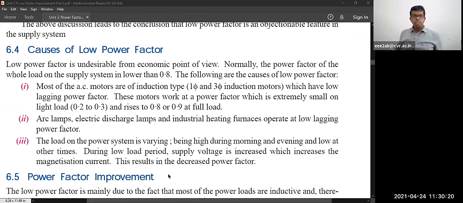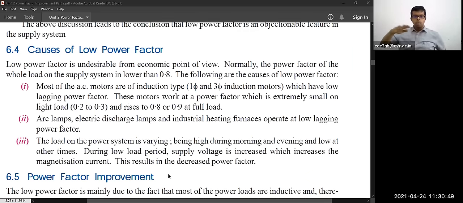So this power factor is a very important factor in our system, and you have to maintain it. As domestic consumers and as electrical engineers, we know at which time we have to operate. Don't go for peak time hours.